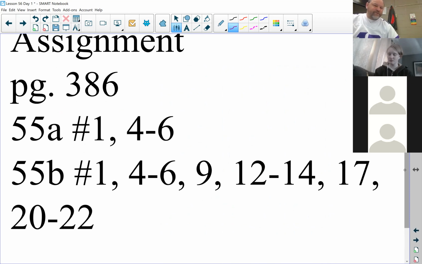And then for 55B, they're adding things to the function, whether it's a constant in front, or they're adding something or subtracting something. So it's going to move the function a little bit, but it's working with those four functions that we worked with today.